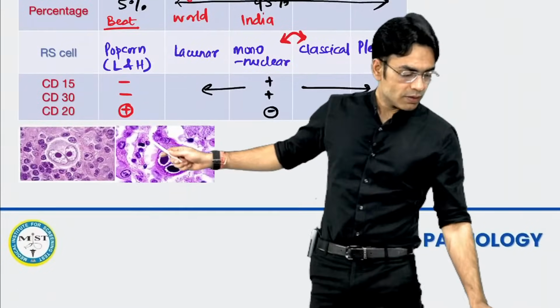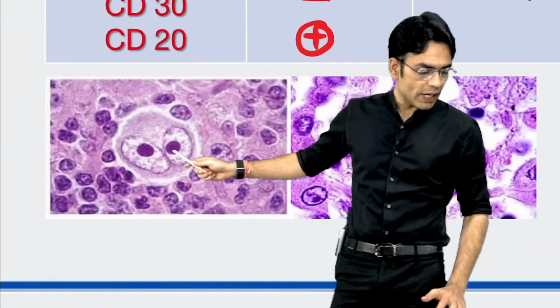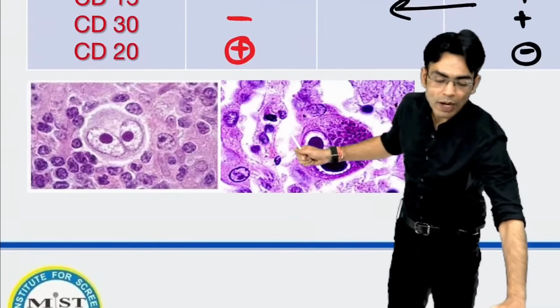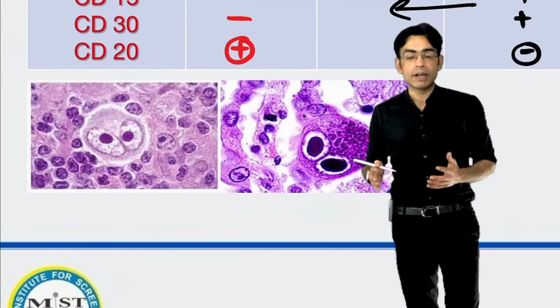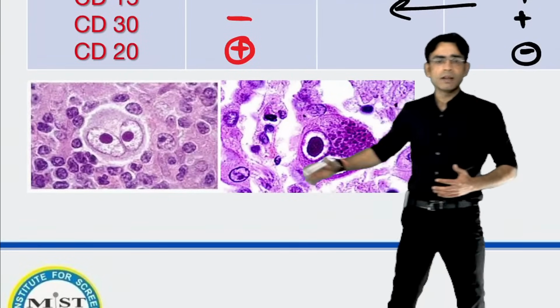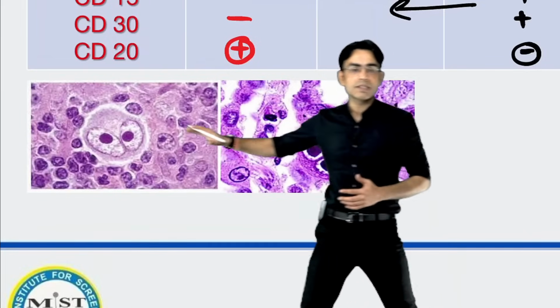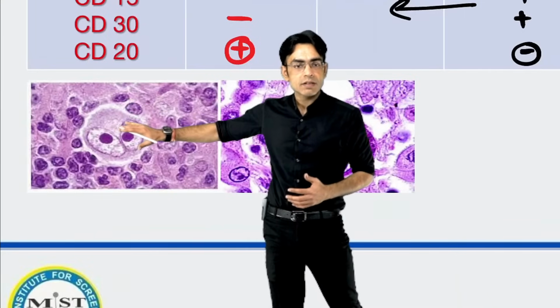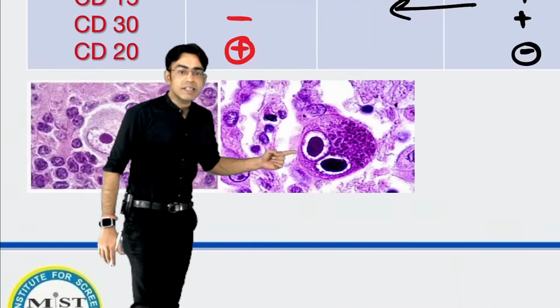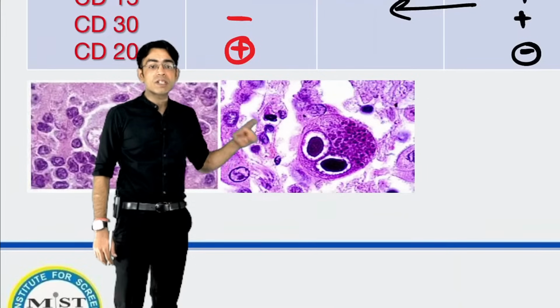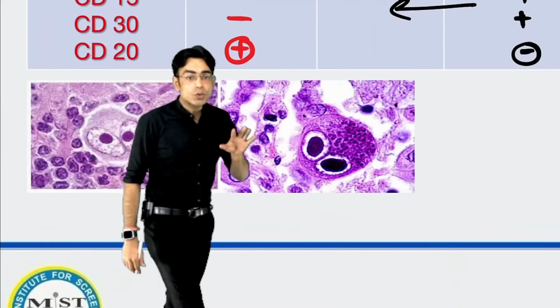We are repeating this image again and again. Why? Because I know you people are fed up, as this always keeps coming. But this question comes so often that you can't do anything about it. This is your RS cell, owl-eye appearance. And here, this is your CMV, cytomegalovirus, which gives you owl-eye inclusion. How do you differentiate?